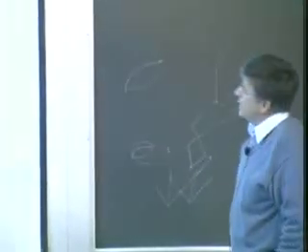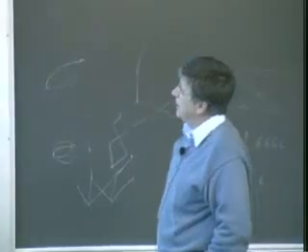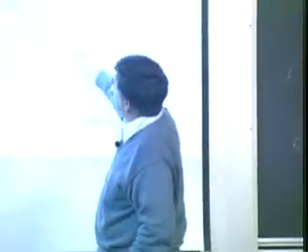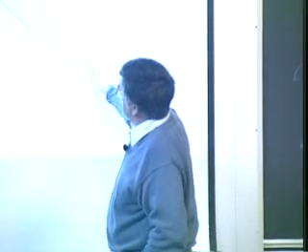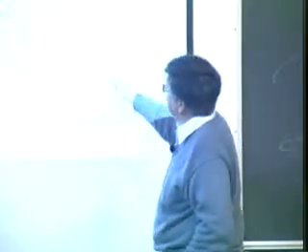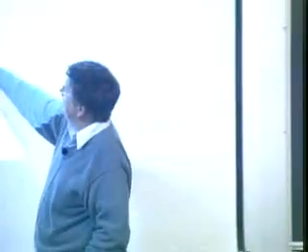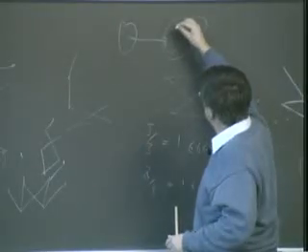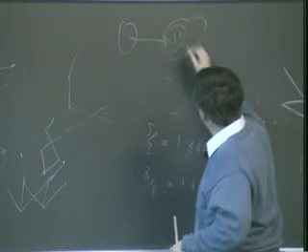But these are actually not very different, in the sense that if you know induced copies, then I probably have here a reverse inclusion. But anyway, if you want to count how many copies of G are in H, and you know how to count induced copies, then of course, if you have a copy of G in H, the only reason why this is not an induced copy is that there may be more edges there.